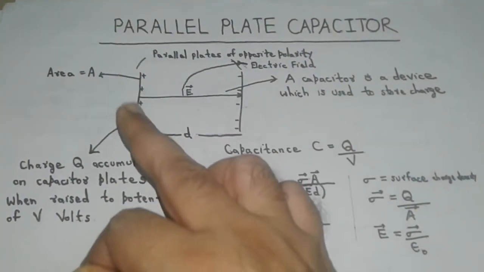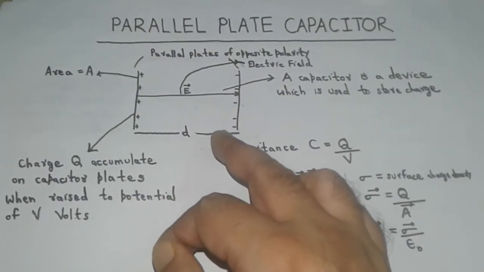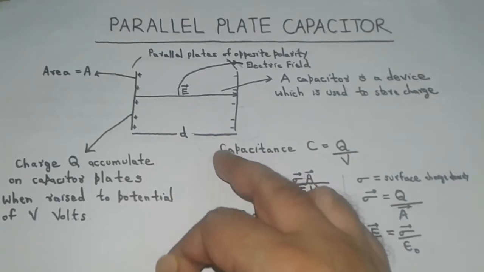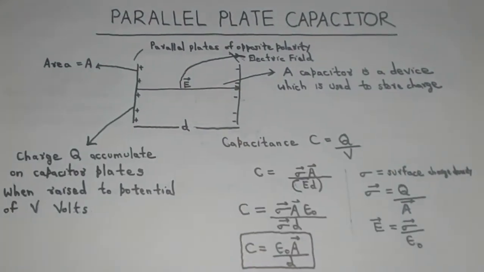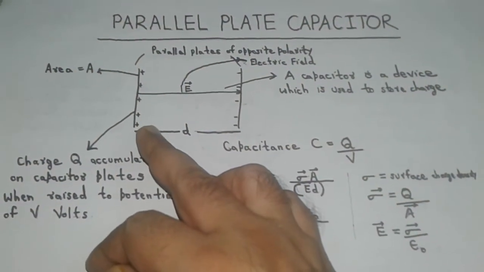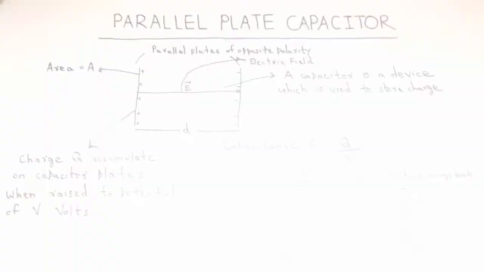Thus, higher is the capacitance of a capacitor, higher is the charge accumulated on its plate when it is raised by a potential of 1 volt. Let sigma be the surface charge density of the capacitor plates.